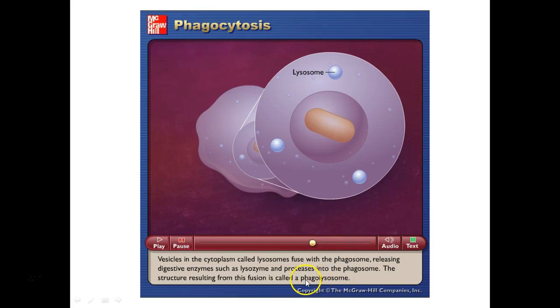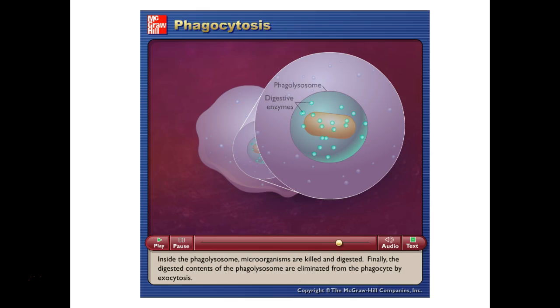It becomes a phagolysosome, when you have the fusion of the lysosome with the phagosome. And those enzymes are released, right? And we start digesting this pathogen. So it's destroyed.